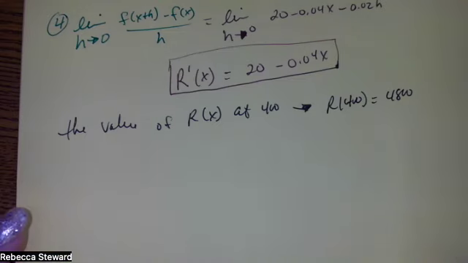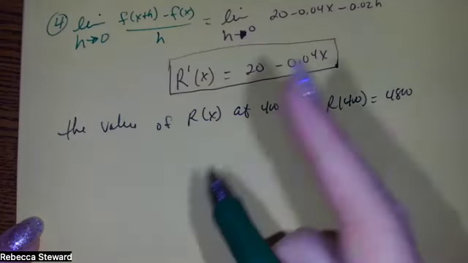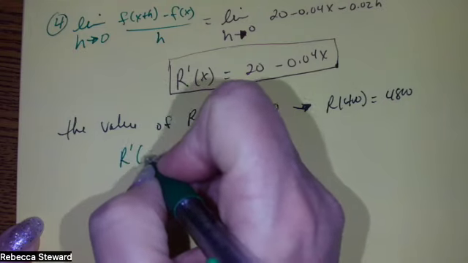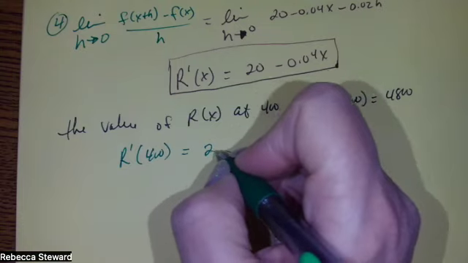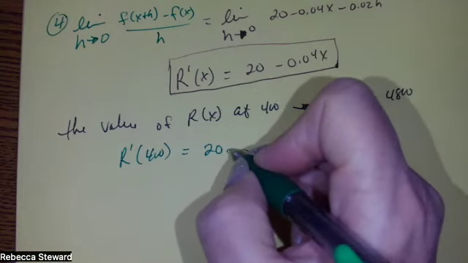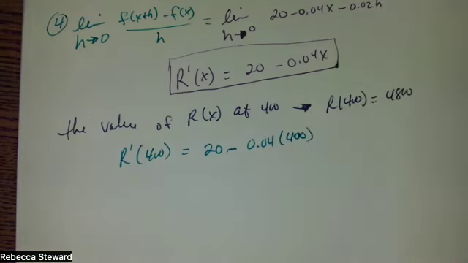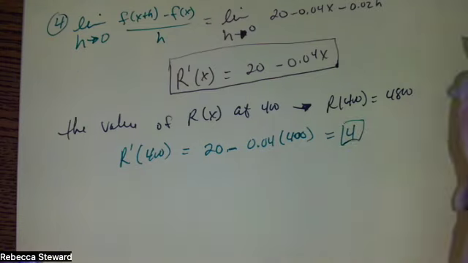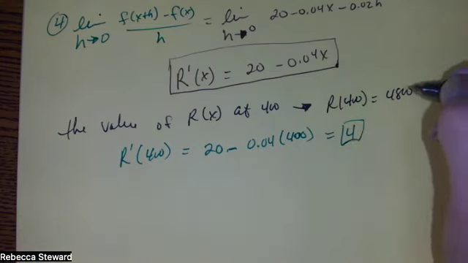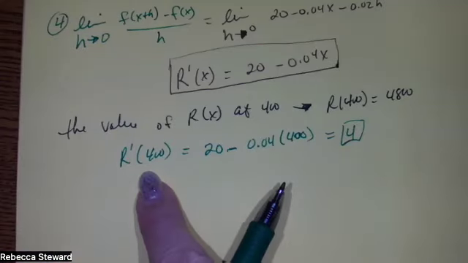And now we're going to find our derivative at 400, our instantaneous rate of change, which will be 20 minus 0.04 times 400. You can put that in the calculator if you wish, and that gets us 4. So the instantaneous rate of change is 4.